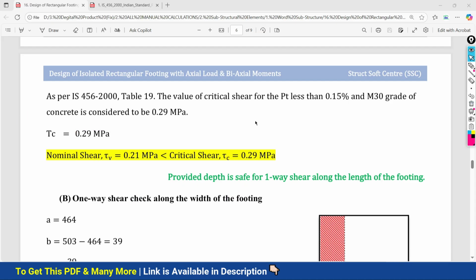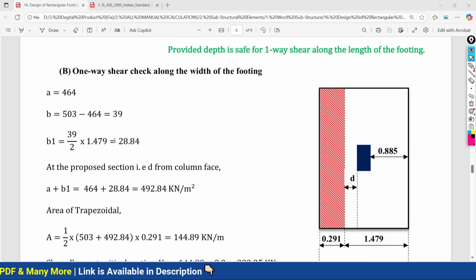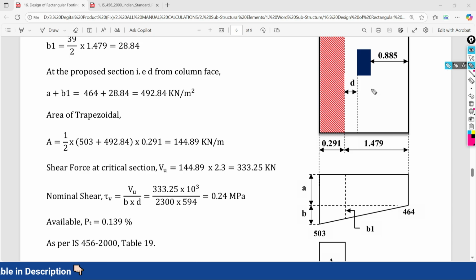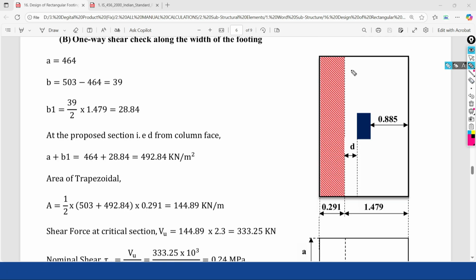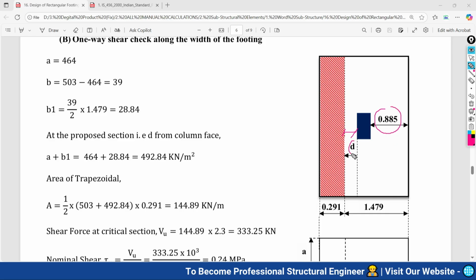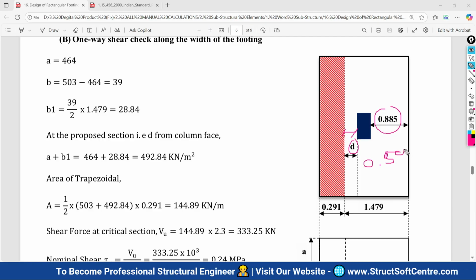Now the same calculation we are going to repeat for the width. So again have a look over this. We are going to consider the one-way shear section at a distance of D from the face of your column. So along the width we are having the projection 0.885. So 0.885 minus effective depth, that is 0.594.